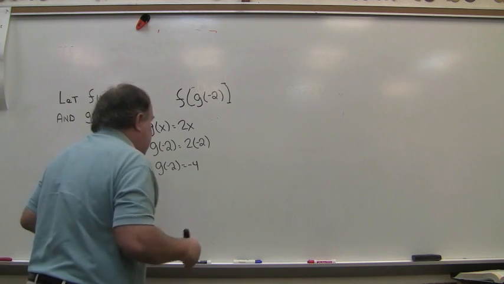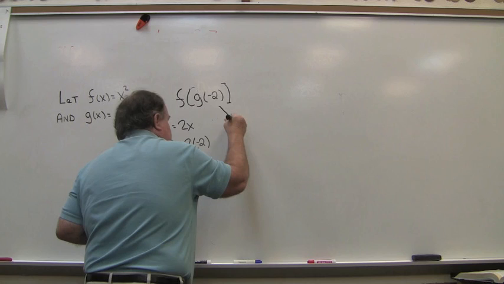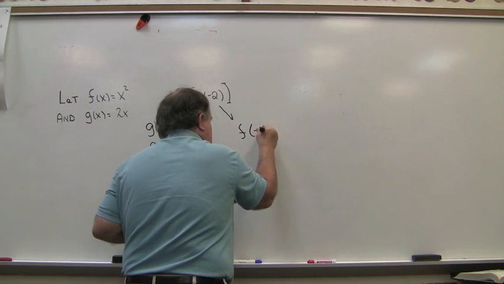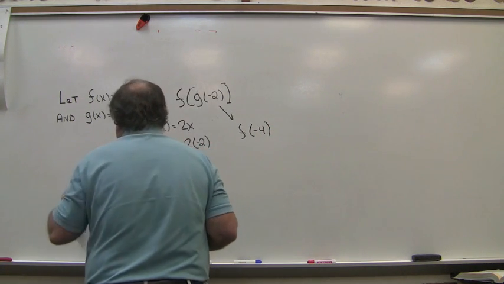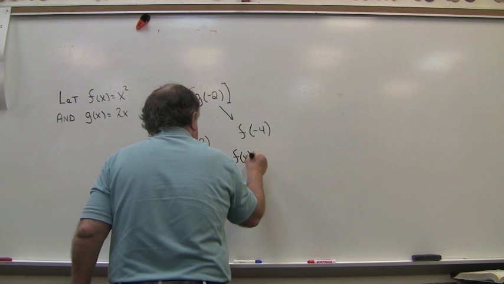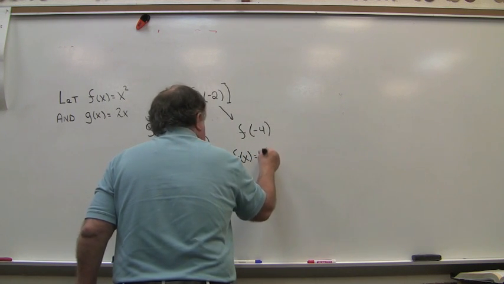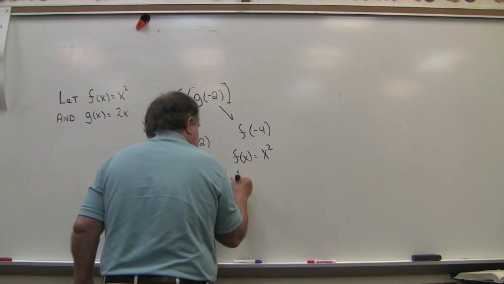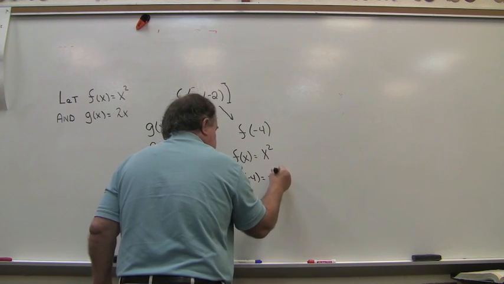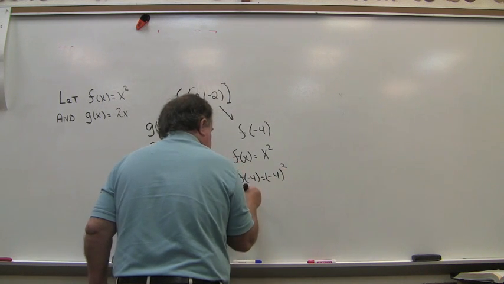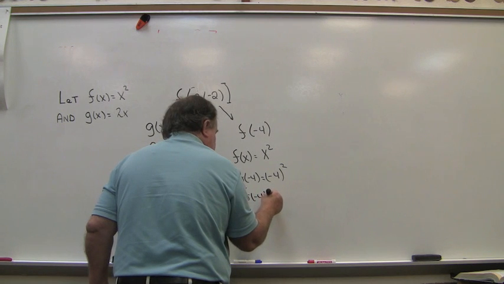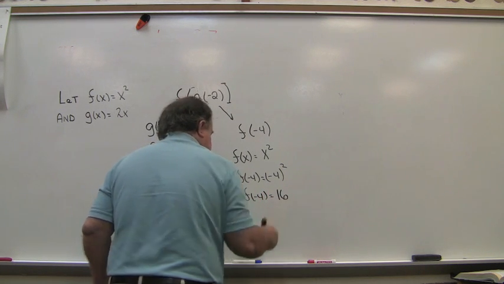So I can come up here and rewrite this one as this. Now I'm looking for f of negative 4. It's a two-step process. So now I see the f function says f of x equals x squared. So f of negative 4 is going to equal negative 4 squared. So f of negative 4 will equal 16.